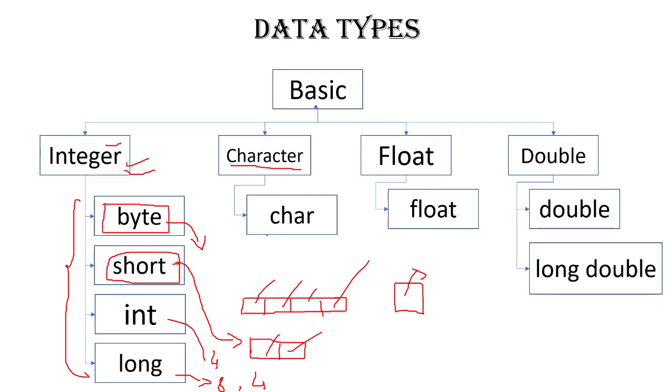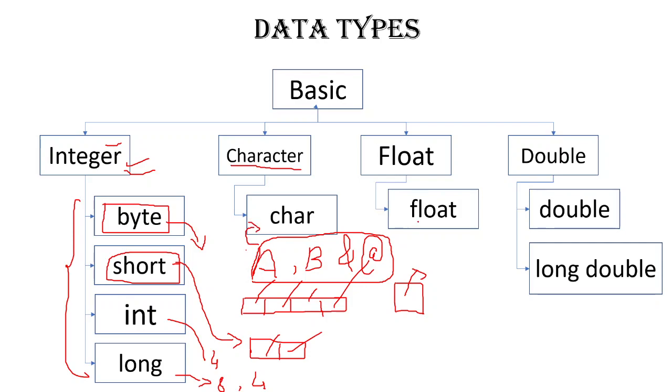Characters are used to store data of character type, like A, a single character, B, a single character, this ampersand sign, this @ sign. All these characters are stored in the memory, and these are called the char data type.